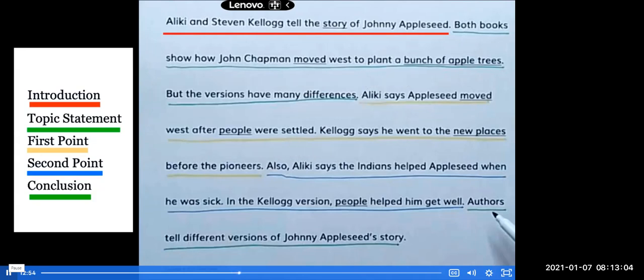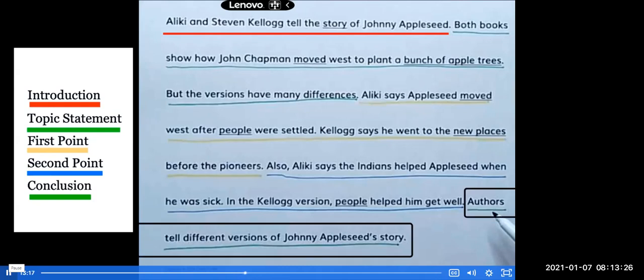Let's take a quick peek at the conclusion and also the introductory statement. As I read the conclusion out loud, ask yourself this question. Is the conclusion reminding the reader about the topic of this paragraph? Is it restating the topic statement? Here we go.